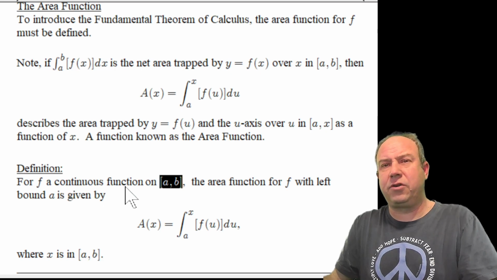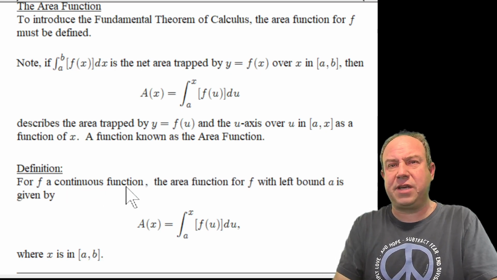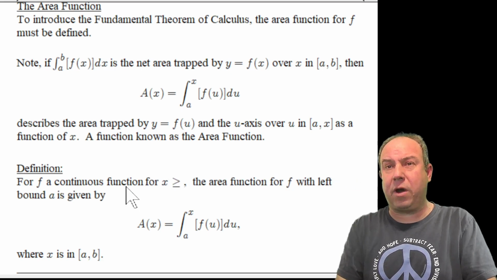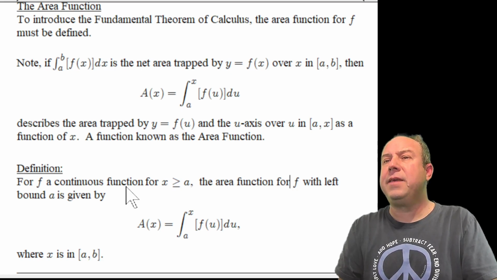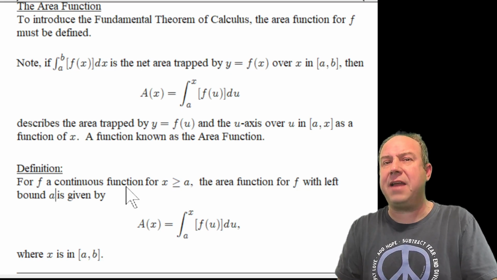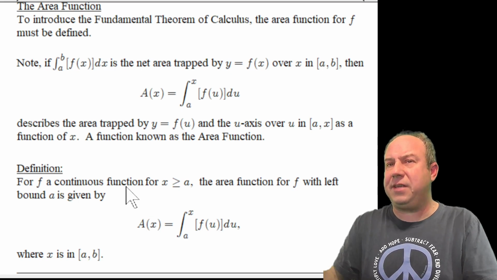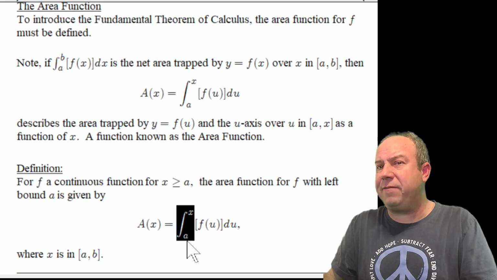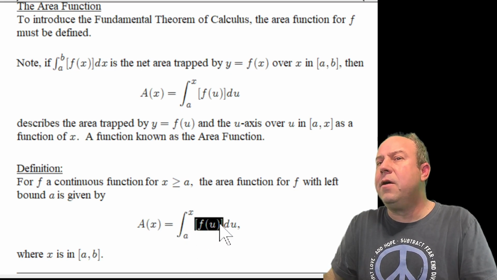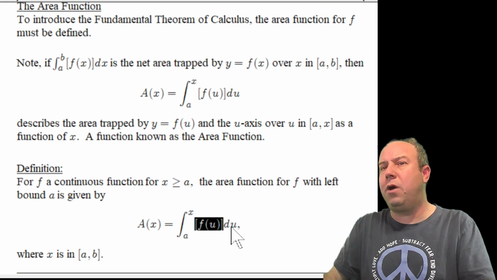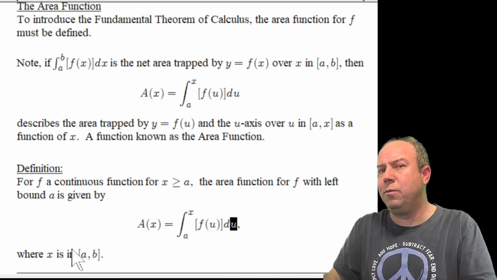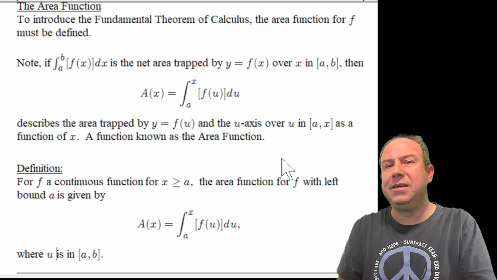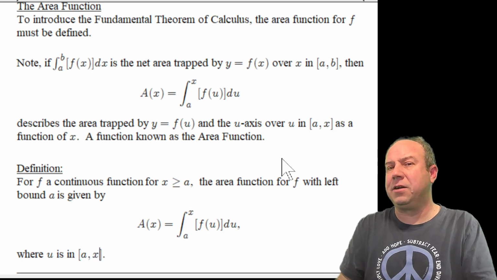For f, a continuous function, I really probably should say here, for x greater than or equal to a, the area function for f with left bound at a is given by A of x equal to the definite integral from a to x, the left bound at a to the right bound at x, of the function f at u, all integrated with respect to u, where u is in this interval from a to x.